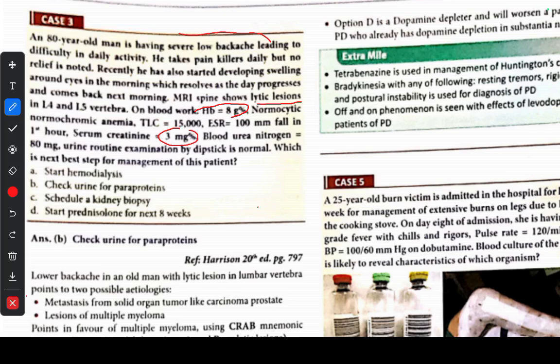If you see MRI shows lytic lesions and also there is anemia, this is going to be your CRAB criteria. There is anemia, bony lytic lesions, and renal failure also because serum creatinine is 3. So by seeing the lytic lesions you can mark it.